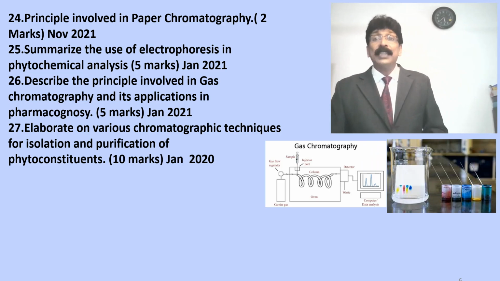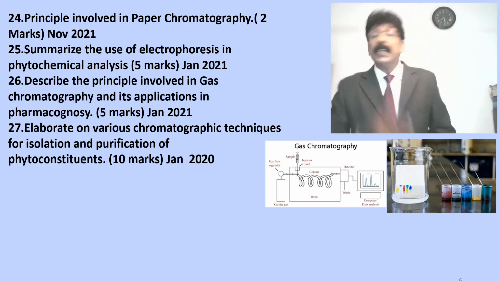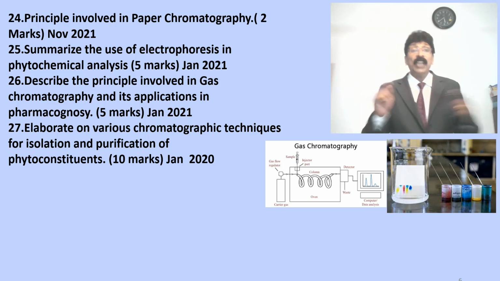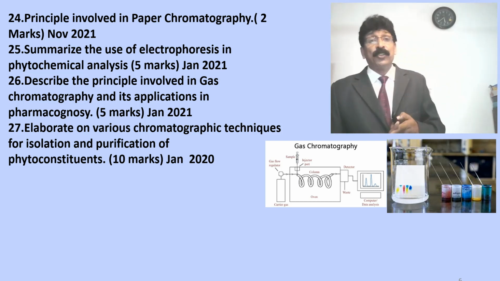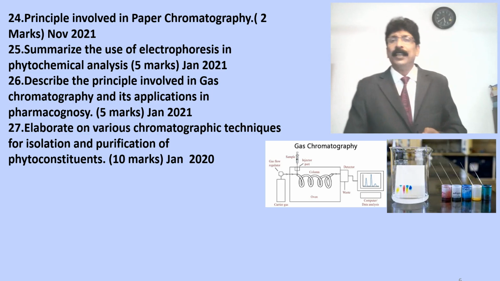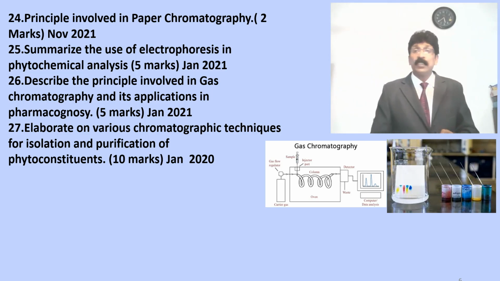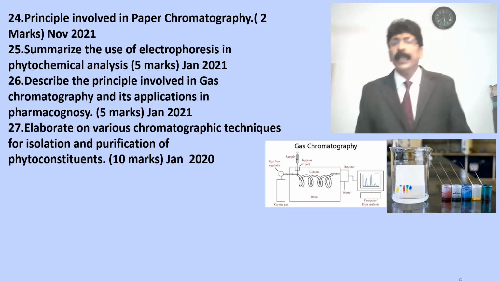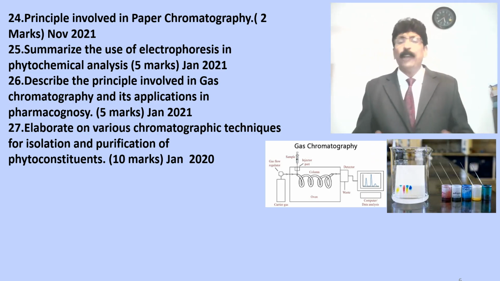Question 27: elaborate on various chromatographic techniques for isolation and purification of phytoconstituents, a 10-mark question in January 2020. Just imagine, it is a 10-mark question. If a student knows only TLC or only paper chromatography, that will not be sufficient.